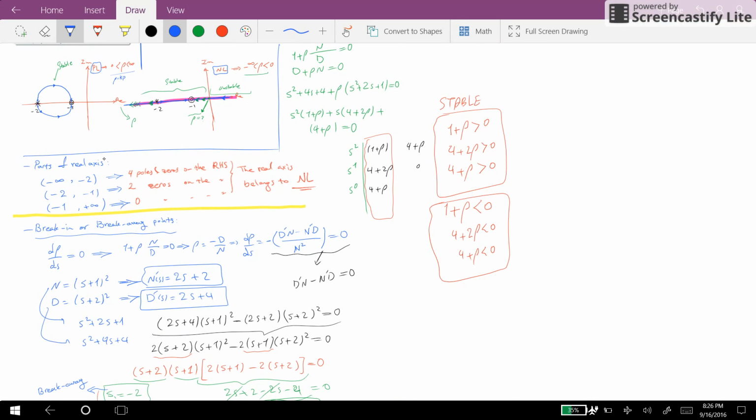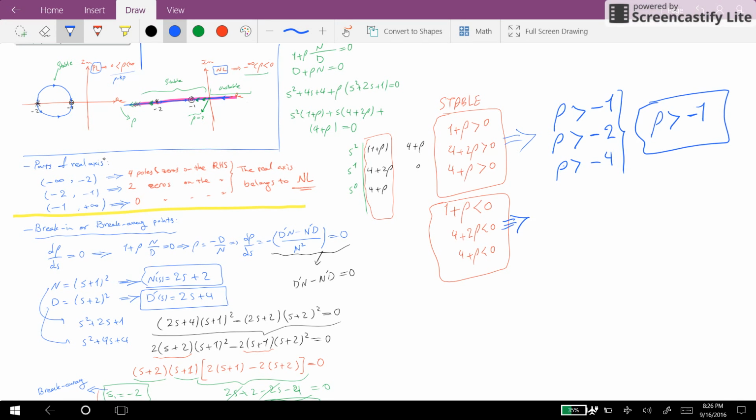Let's combine all these together. From here, rho should be bigger than -1, rho should be bigger than minus 4 over 2, or minus 2, and rho should be bigger than minus 4. Combining all of these, we get rho bigger than minus 1. So if rho is bigger than minus 1, the system is stable.